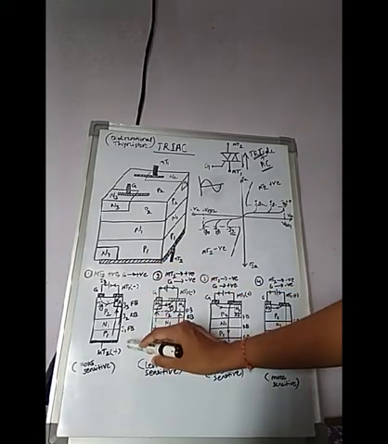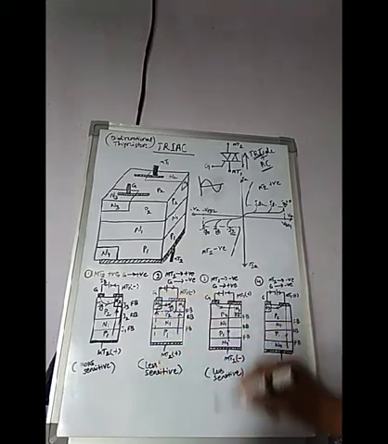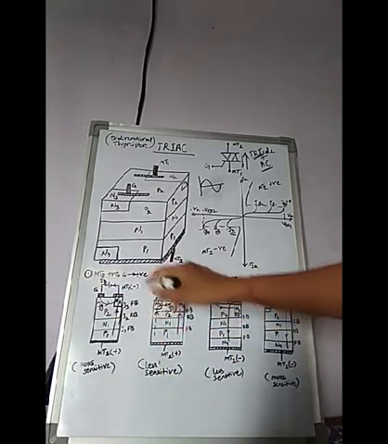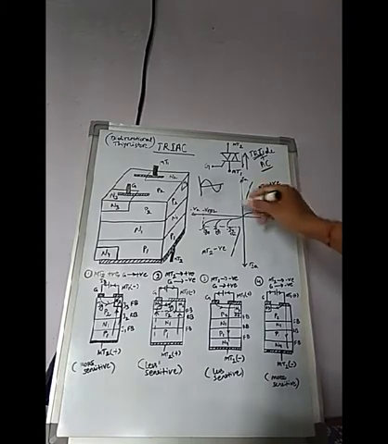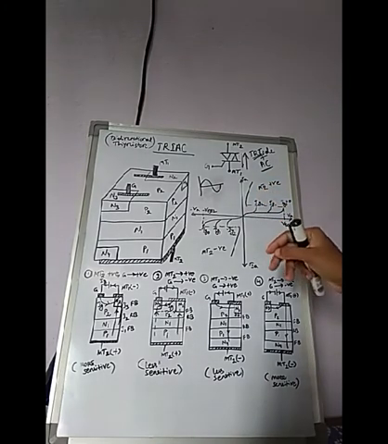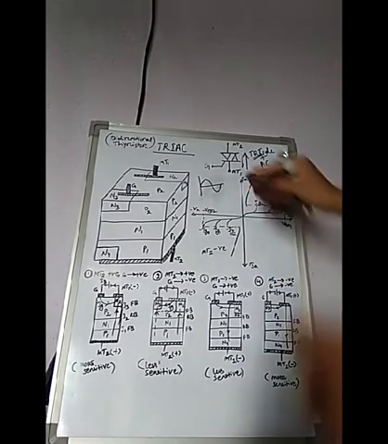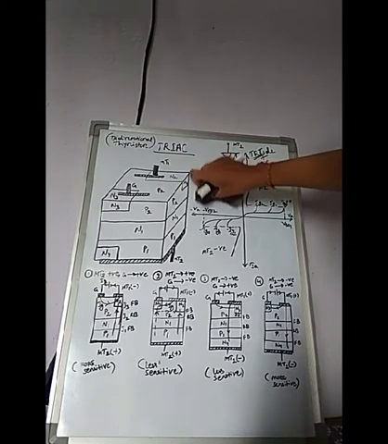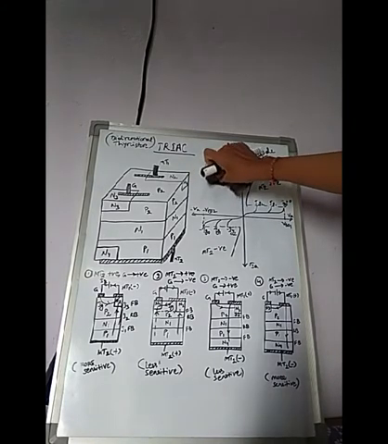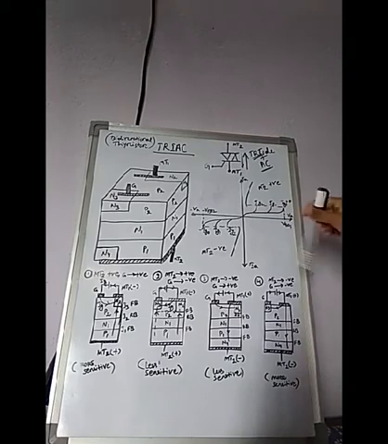When current flows from MT2 to MT1, here I will draw the VI characteristics. This is the forward blocking mode.